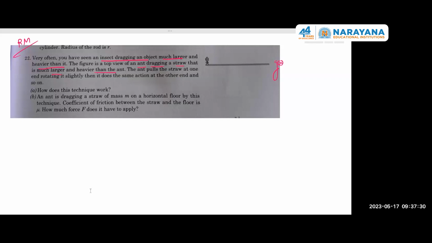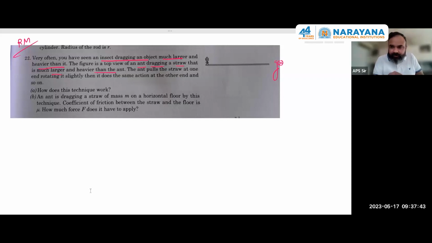Now see, in the last class also I gave you one question which was based on a similar concept. Let's see how you solve this question. Think about it. While you analyze this body, the one applying the force wants to make sure, pull, push, whatever it is, that this rod starts moving.